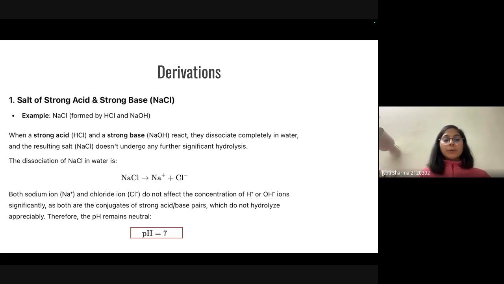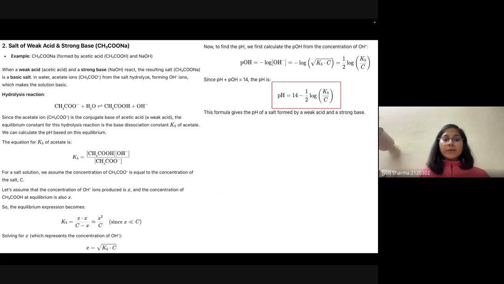And likewise, if you have HCl, then HCl will give you H plus ion plus Cl minus, and this is how everything will be neutralized because the ions will combine with each other. Okay, and the dissociation was complete, so that's why this is giving you a pH equal to 7.